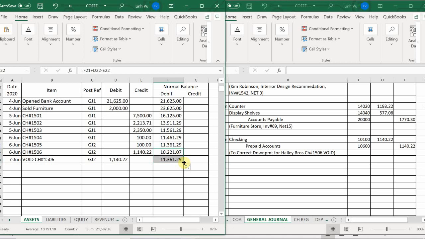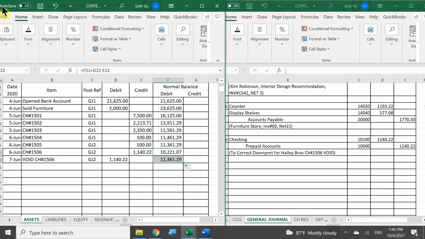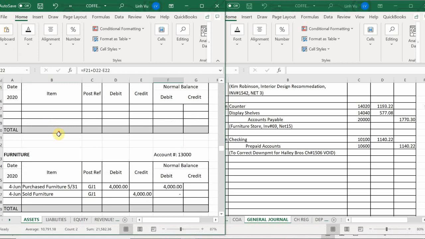Actually, it's the amount that we have before, 361.29. Didn't pay attention. That's fine. Good. Okay. We also need to undo our prepaid accounts, right? Prepaid account. Yeah.